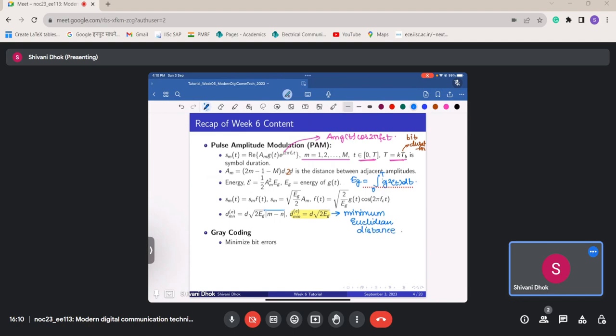After that, labeling was discussed. Suppose I have k equal to 2 bits, that is I'm grouping. So what exactly is happening is I have some bit stream coming to my modulator, and I'm combining these k bits, and each group of k bits is being mapped to a waveform.